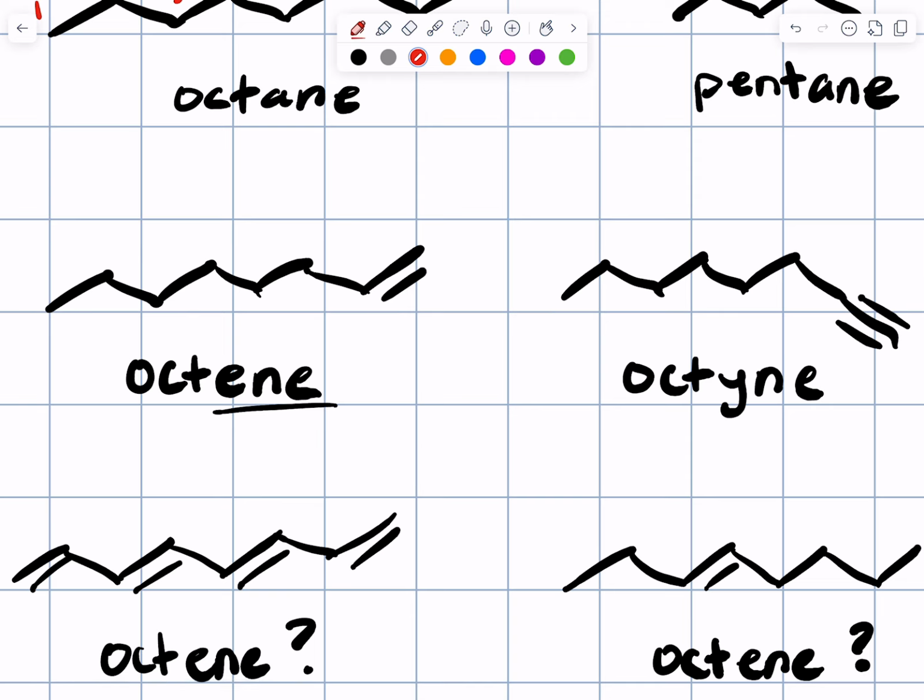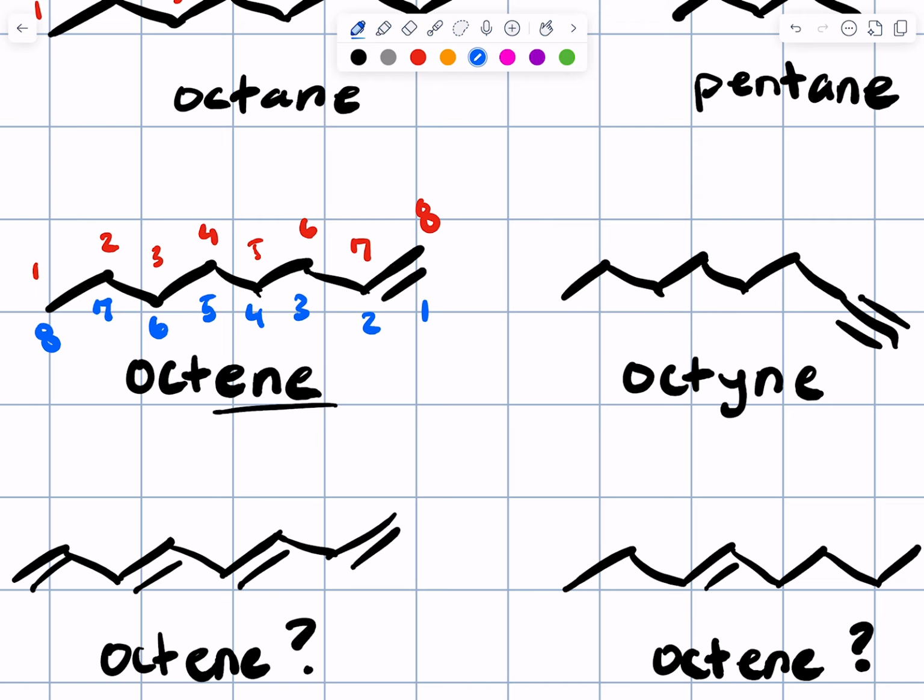So 1, 2, 3, 4, 5, 6, 7, 8. Or I can go from right to left. 1, 2, 3, 4, 5, 6, 7, 8. So there's a clear winner here. I can either have a double bond on the carbon 7 and 8, or I can have it on that carbon 1 and 2.